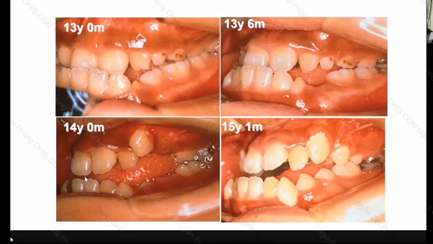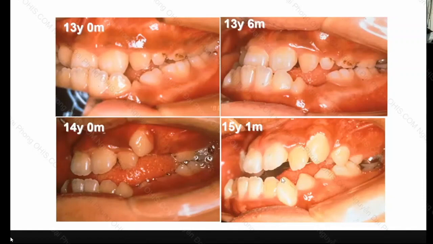Then 2 years after, now 15 years old, there is something like a reversed curve of Spee and anterior open bite. Only in these 2 years, it changed like this, to a more severe class 3.